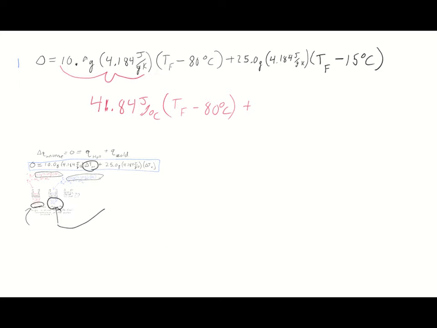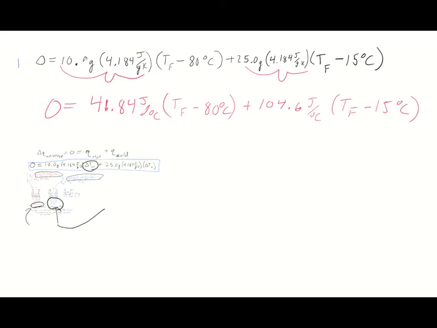And 25 times 4.184 is 104.6, right? I multiplied those two together. Joules per degree Celsius. And we can comfortably say that it's equal to 0 at this point.